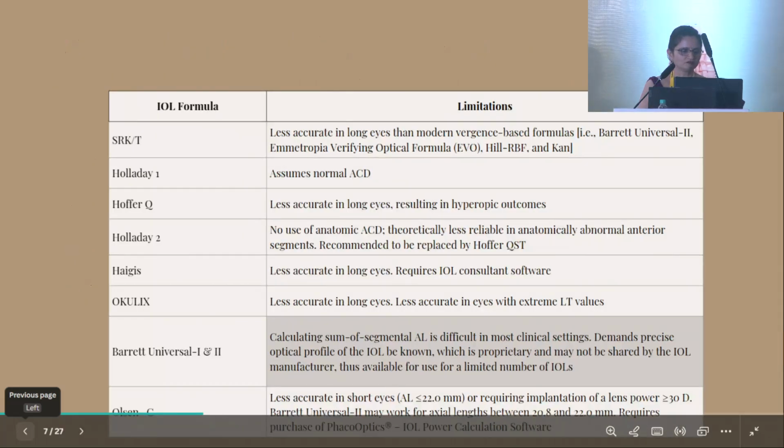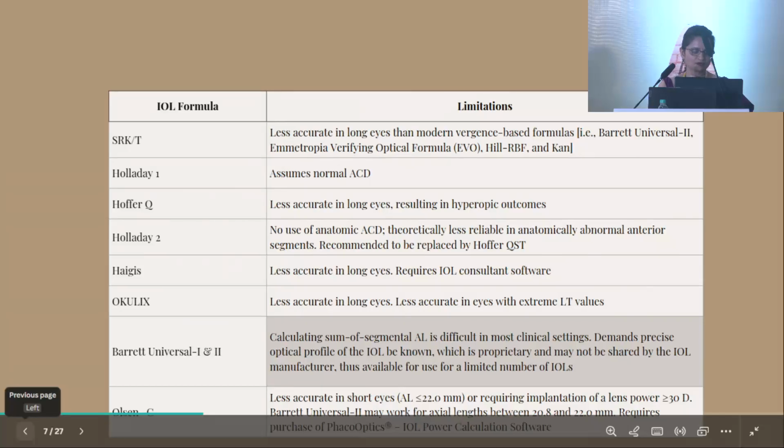So when we look at the Barrett's 1 and 2, we need to understand that it is expecting that we calculate a sum of the segmental axial length. Now this is very difficult in most settings and demands precise optical profile of the IOL to be known. And many a times obviously companies are not going to share these precise details.